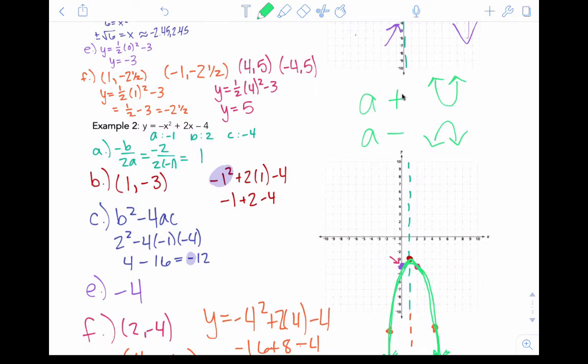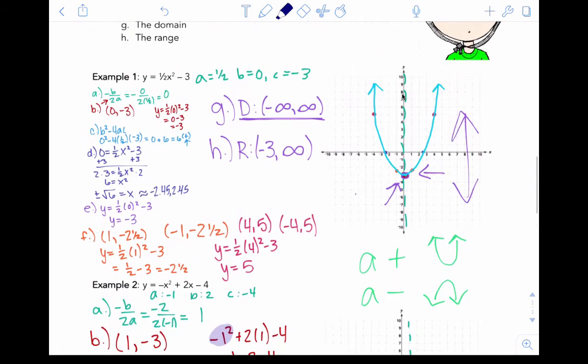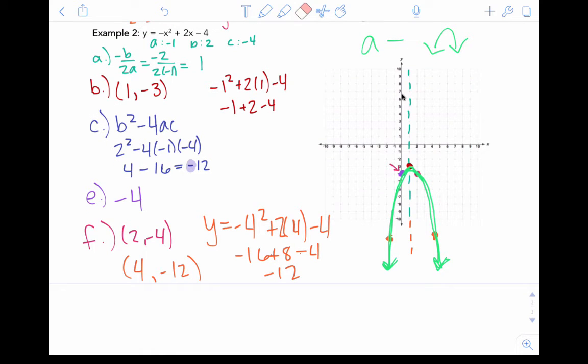And so if we check our graphs here, on example 2, the A was negative, and this opens up downwards. On example 1, the A is positive, and it opens upwards. So that's kind of a little check to make sure that our graph is looking right. So now that we know that our graph is looking right, let's go ahead and take a little bit of time and figure out our domain and range real fast.